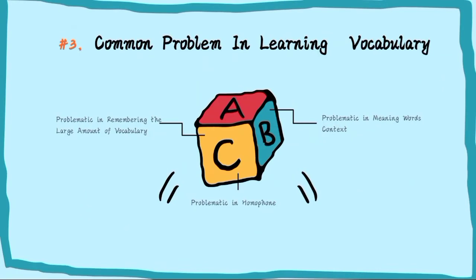I want to explain about common problems in learning vocabulary. Number 1 is problems in remembering a large amount of vocabulary. Learning vocabulary is one of the difficult learning activities. It occurs because young learners are often asked by the teacher to remember vocabularies.